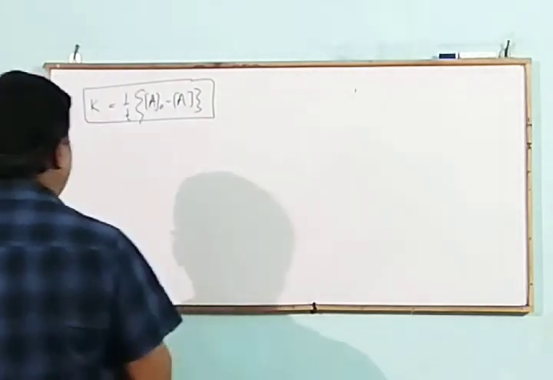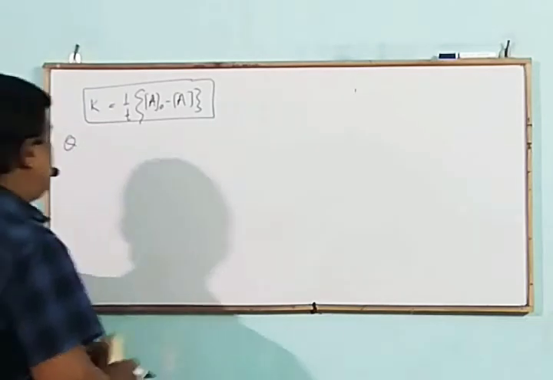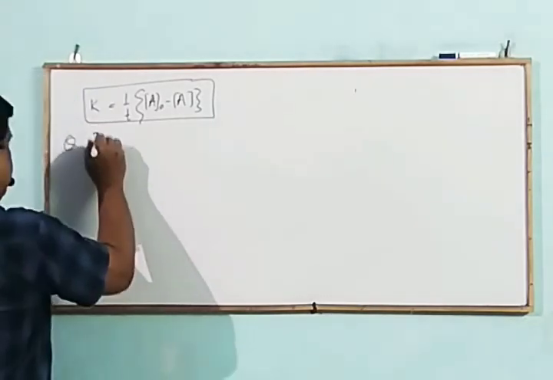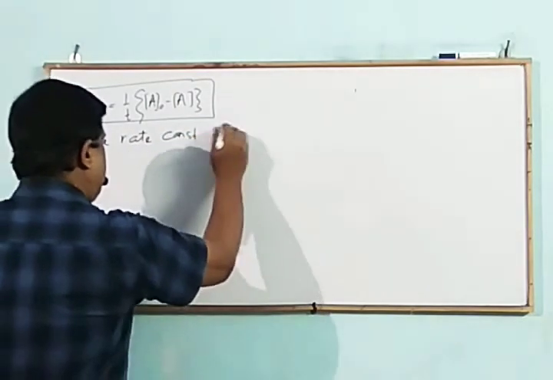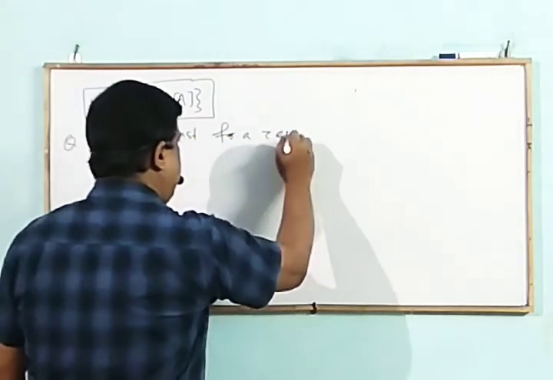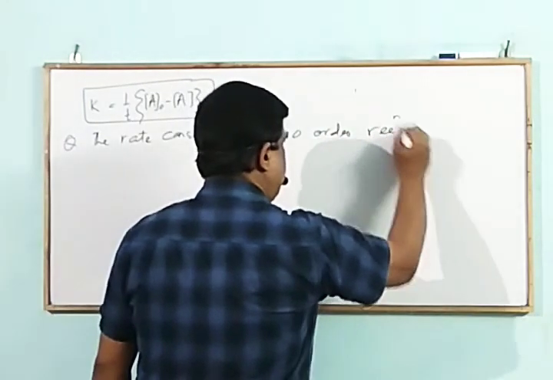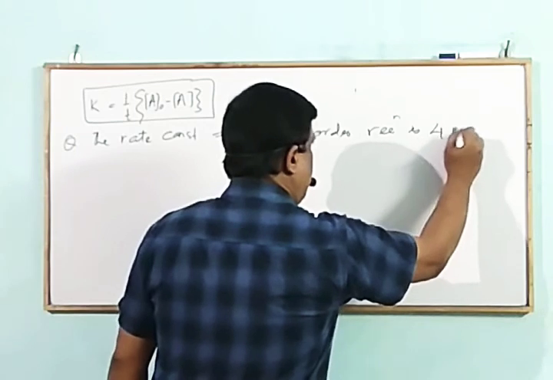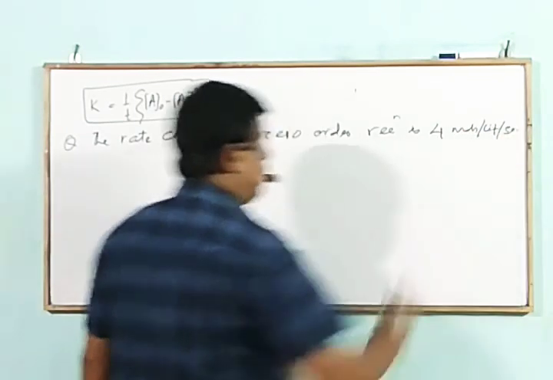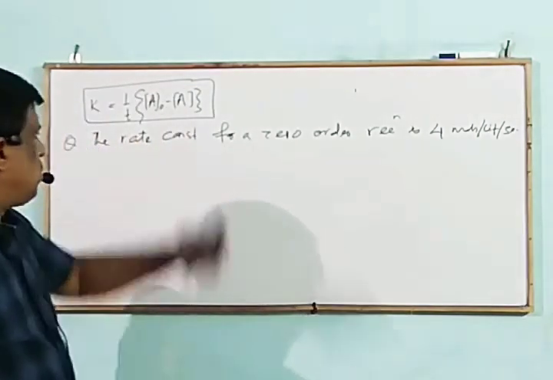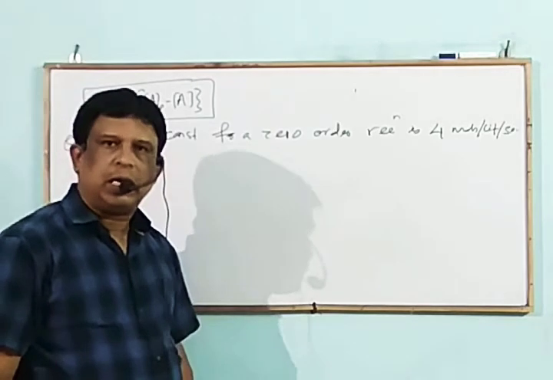Mark that one problem is there. Question: the rate constant for a zero order reaction is 4 moles per liter per second.